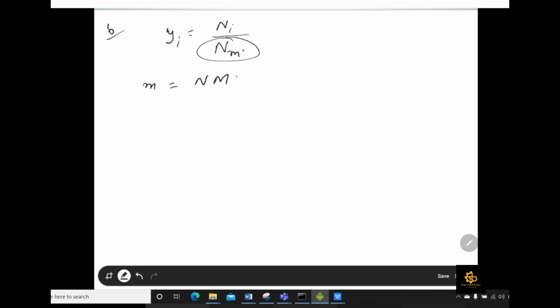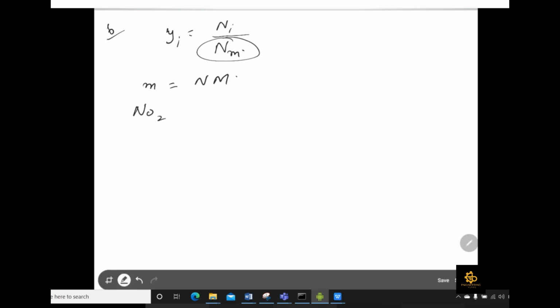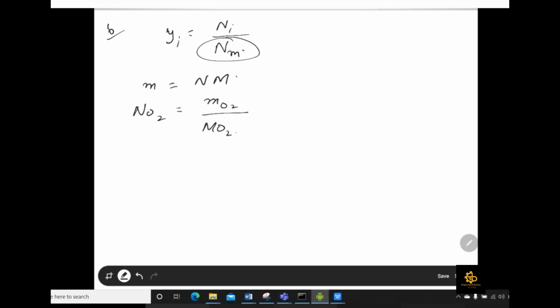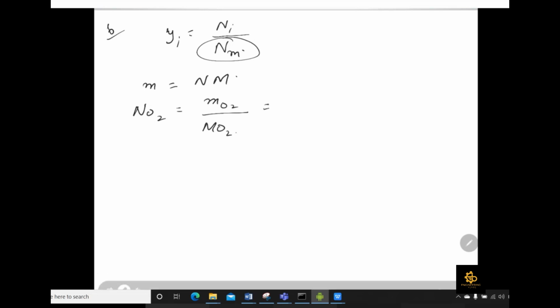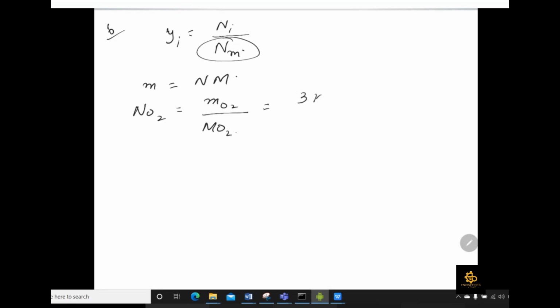For example, the first is O2. So N of O2 is equal to mass of O2 over molar mass of O2.